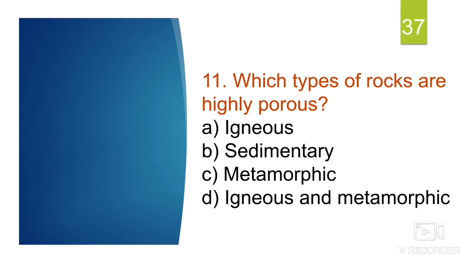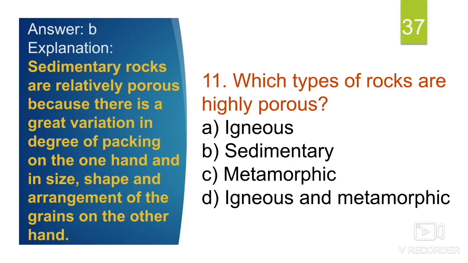Next one is, which type of rocks are highly porous? Igneous, sedimentary, metamorphic, or igneous and metamorphic. So undoubtedly the sedimentary rocks are relatively porous because there is a great variation in degree of packing on the one hand, and in size, shape as well as the arrangement of the grains on the other hand.